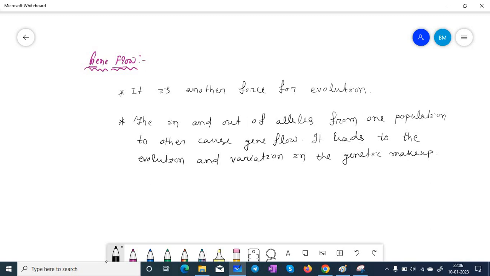Okay, and this is gene flow, that is the migration of genes. The example I already mentioned, here I am writing the example.